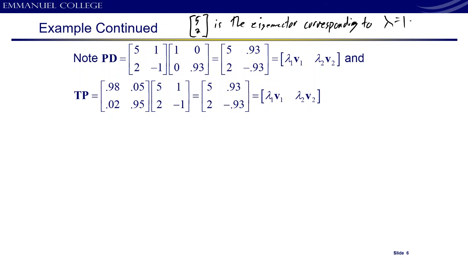And then that would mean 1, negative 1 is the eigenvector corresponding to lambda equals 0.93.